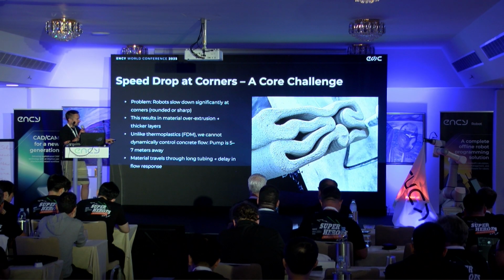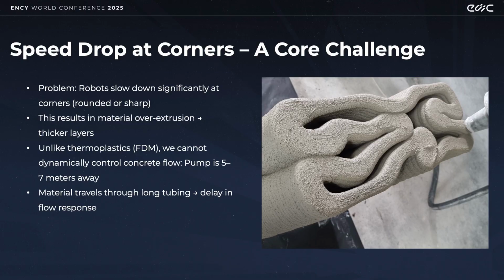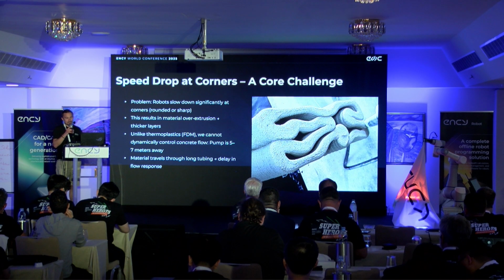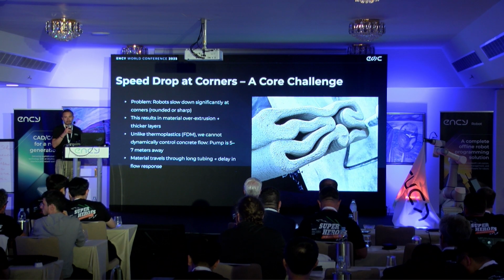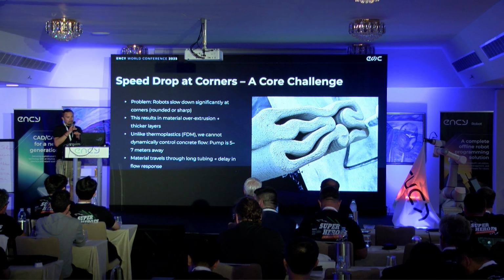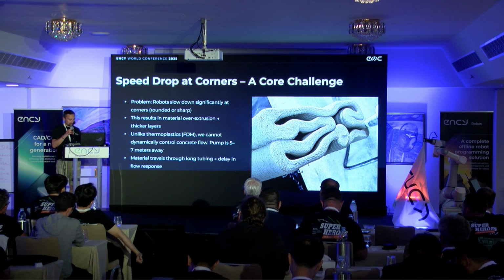And you can see here how inconsistent a layer we have, because the robot cannot move faster on some curvatures or sharp corners and so on. And we have a bad result.